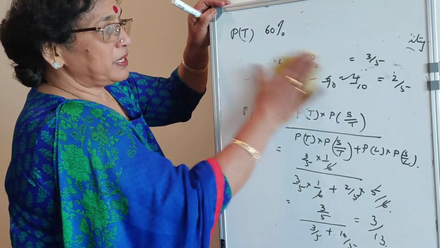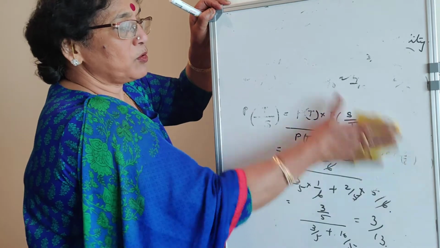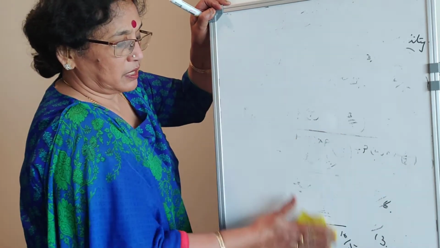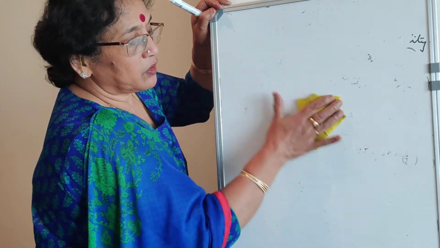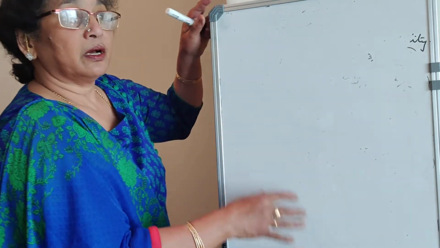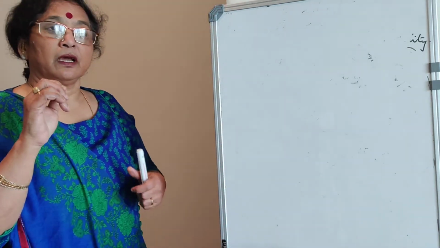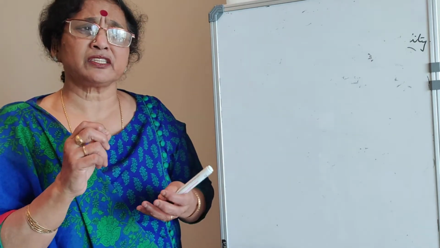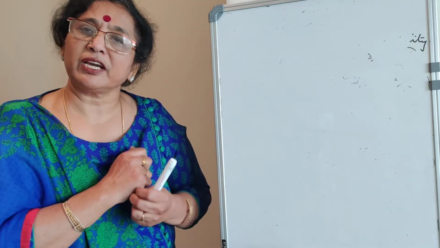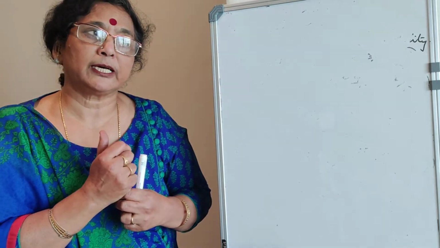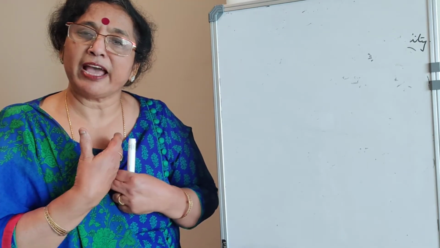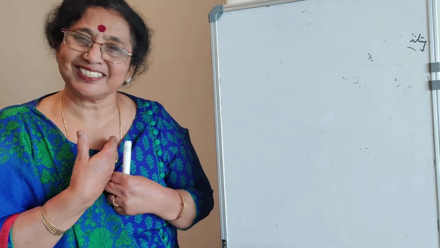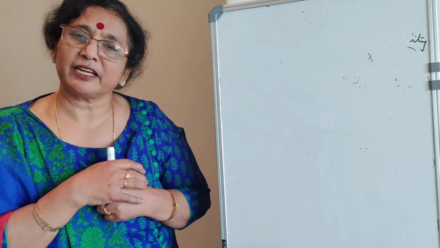So the next example is a letter comes from Kolkata. There's a letter addressed, one from Kolkata and one from Tata Nagar. I am from Tata Nagar, the Tata Steel made by J.R.D. Tata.